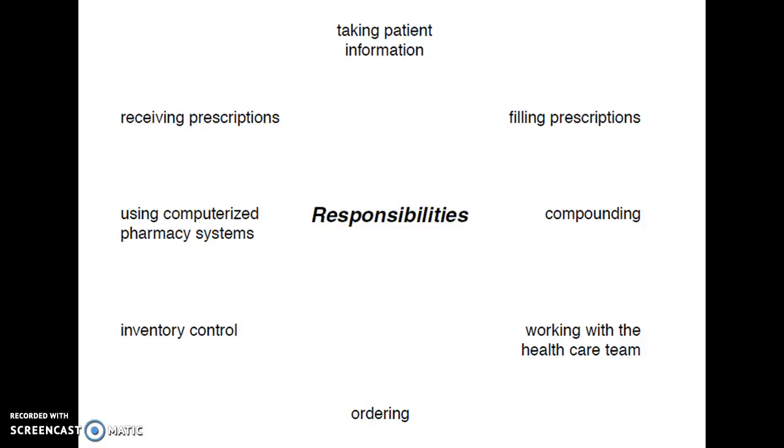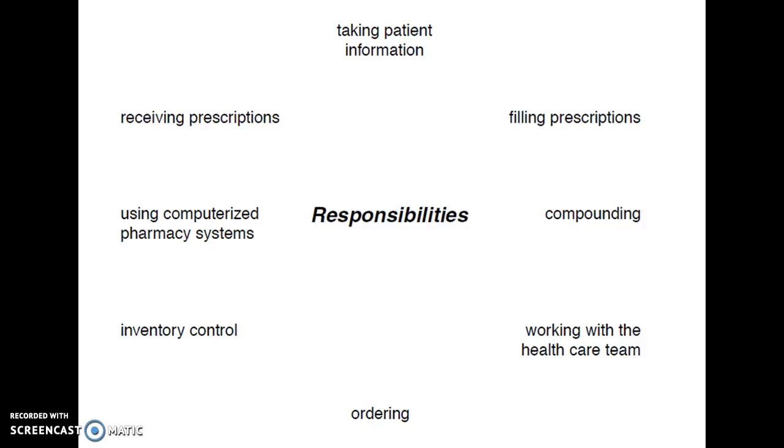This is very important in terms of maintaining the inventory of drugs that need to be filled and other items as necessary within the pharmacy. Inventory control. At times they may be sent to look through the different shelves of medication in order to determine what is missing, what they have, what has gone out, what has remained.